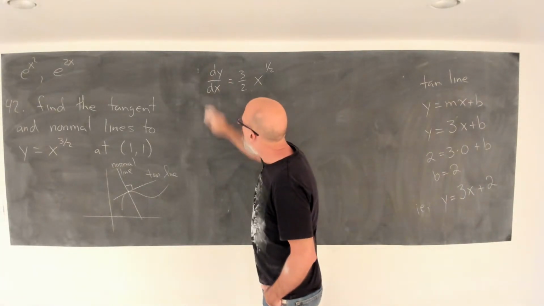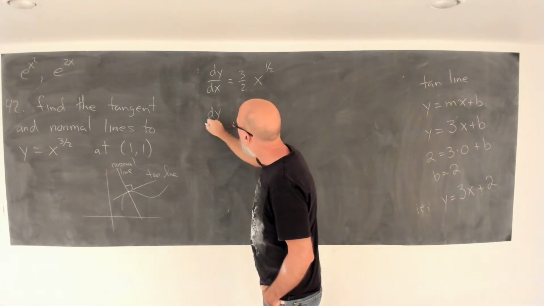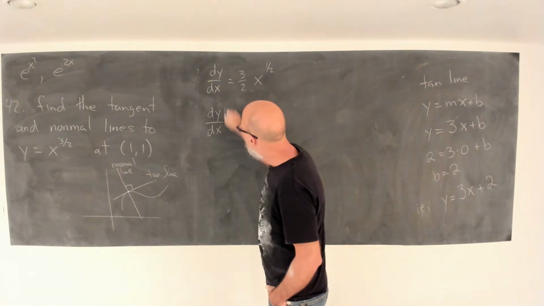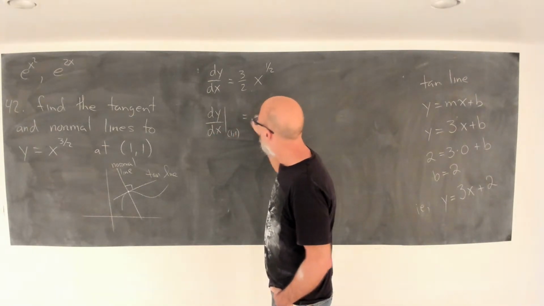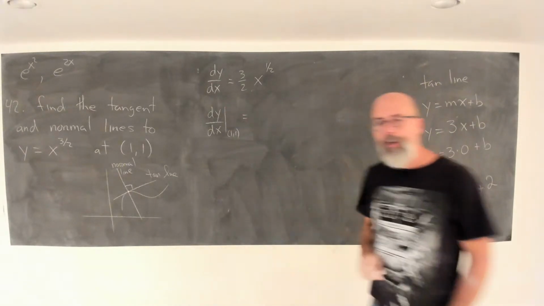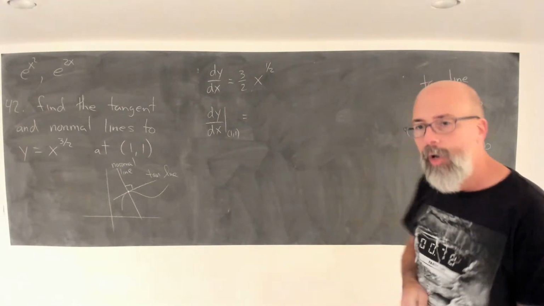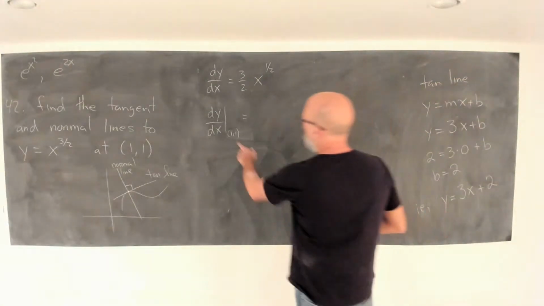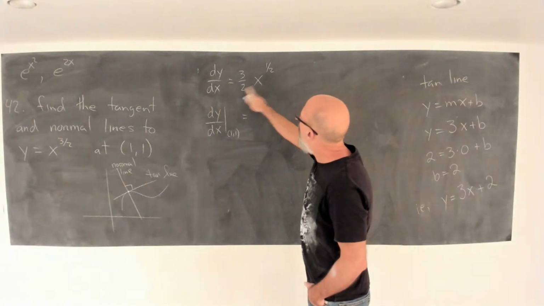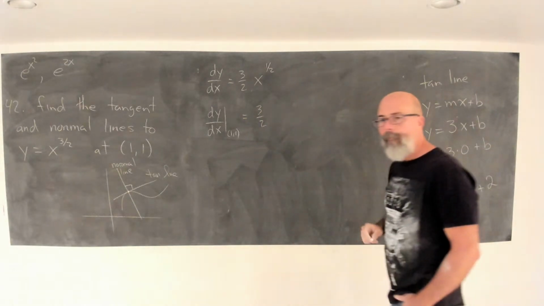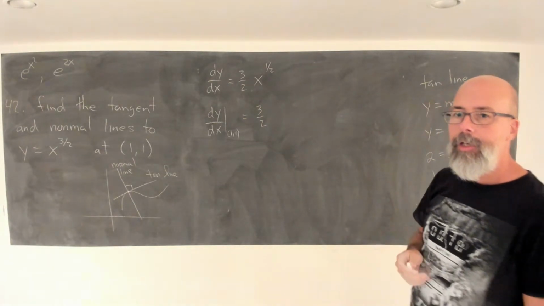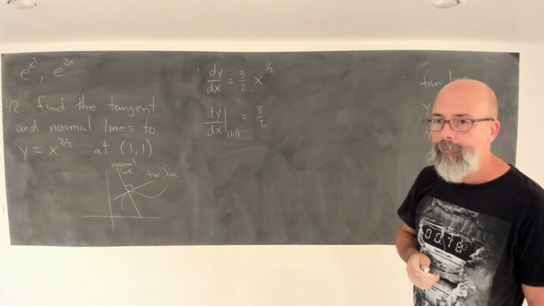Why don't I introduce a bit of notation here while we're here. dy dx evaluated at the point 1, 1. This straight vertical line means evaluated. So when x is 1, we get the slope 3 over 2. 3 over 2 is the slope of the tangent line.